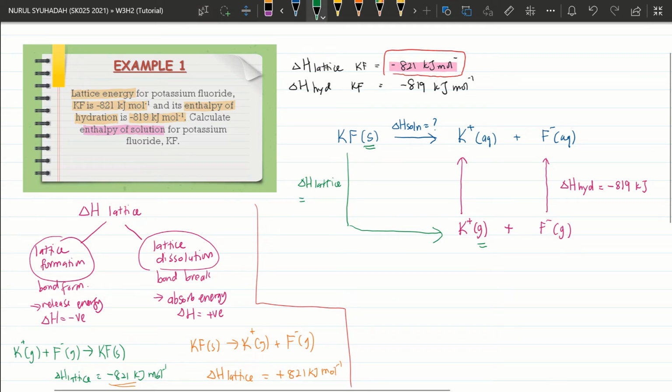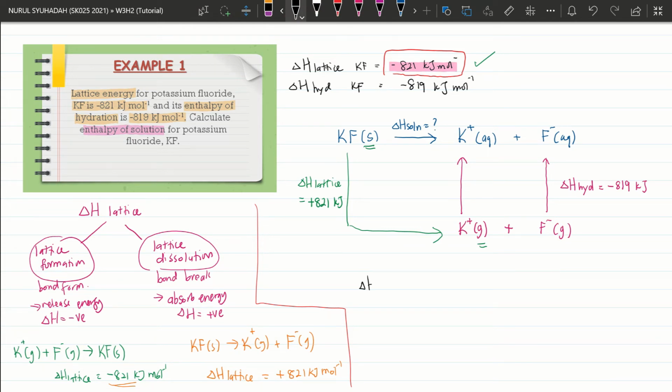So that's why you need to put over here positive 821 kilojoule, even though the one given to you is negative. So please make sure you understand why it is a negative value and why it is a positive value. Okay, so once you have a complete energy cycle diagram, then you calculate the delta H solution.